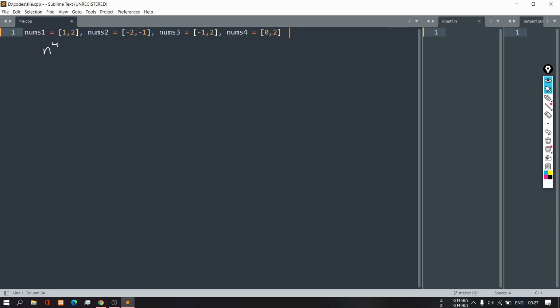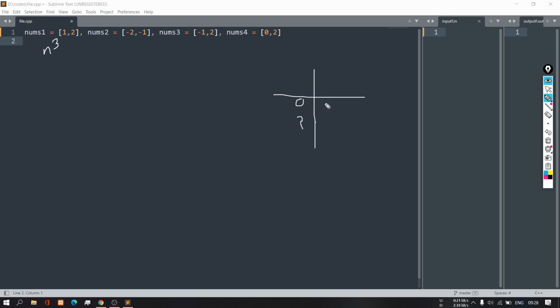Then another approach is to make the complexity a bit lower, like you can try it with n cube also. Here, you can choose one of these arrays and store it inside a map or a set, whatever you want.